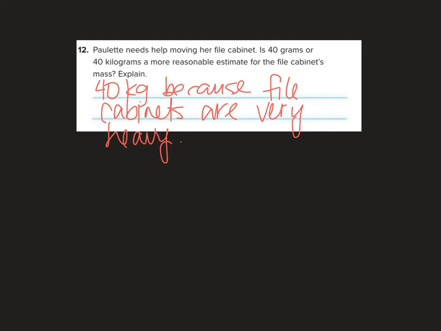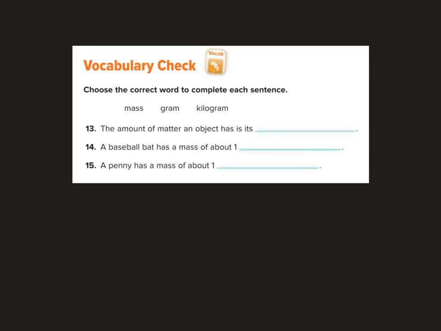Okay. Vocabulary check. Choose the correct word to complete each sentence. The amount of matter an object has is its mass. Matter is just what something is made of, like how dense something is.